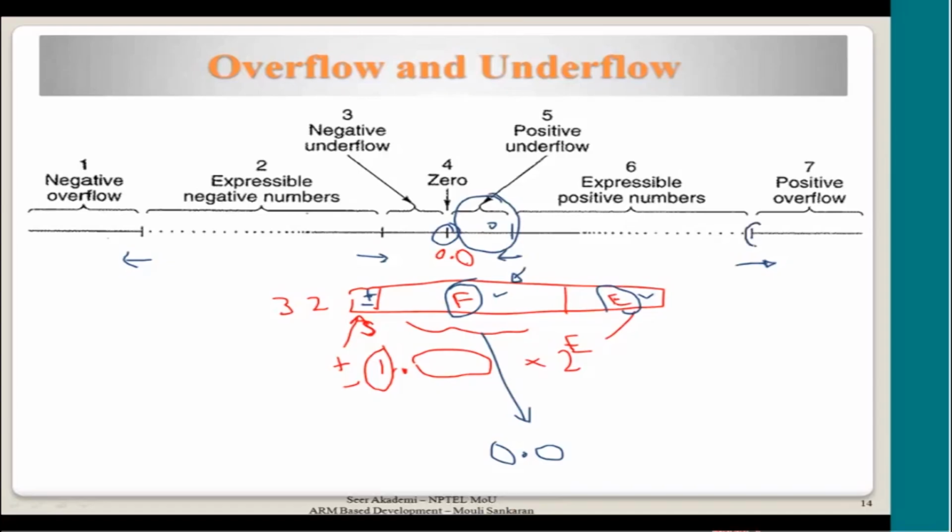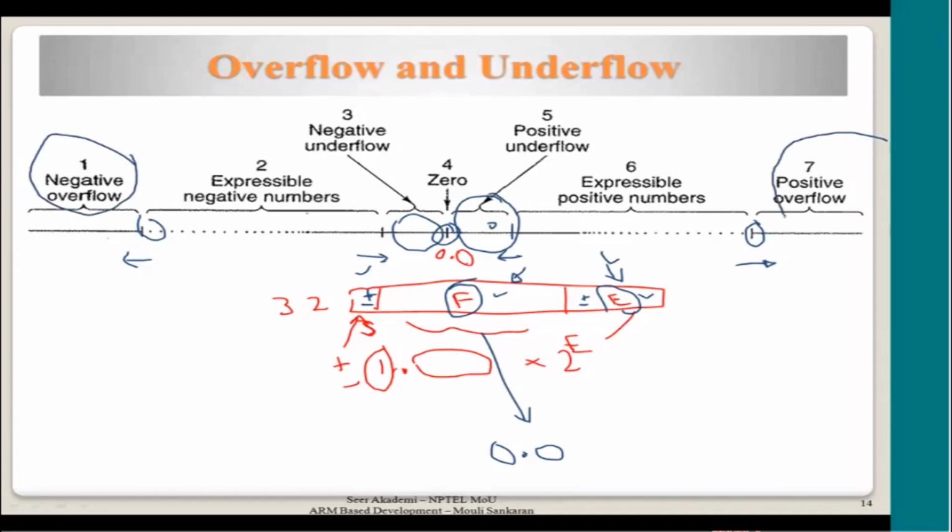Similarly, after some exponent portion, I can't reach beyond some value here. So there is a limit on both the positive and negative side, based on this plus or minus. Similar to the 4 ranges I told you about, there are 4 overflows and underflows possible. What I see here is a negative overflow.